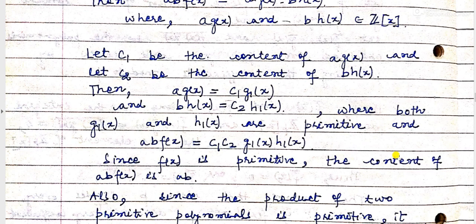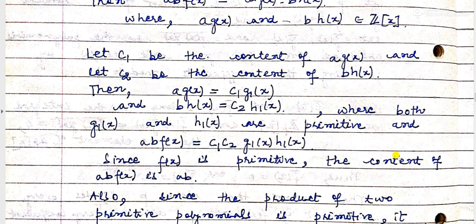Because a g(x) is a polynomial in Z[x], if C1 is its content, then it is written as C1 g1(x), then g1 will have content 1, so it will be primitive. Similarly, b h(x) is equal to C2 h1(x). So ab f(x) is equal to C1 C2 g1(x) h1(x).